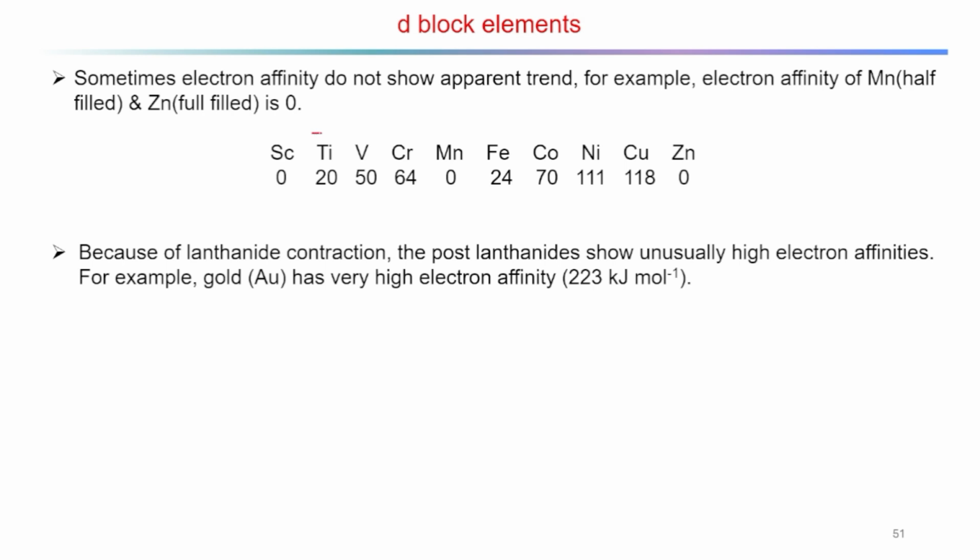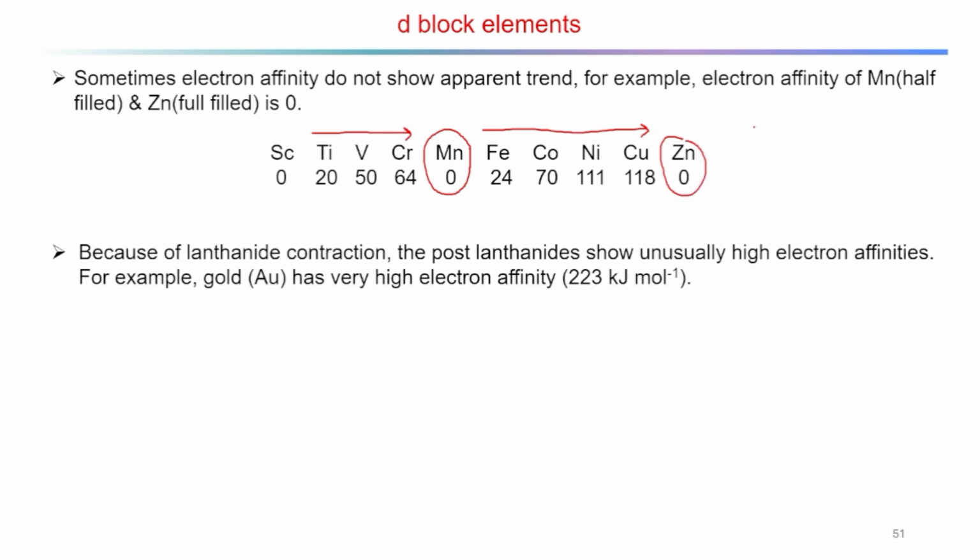So from here to here, the electron affinity should increase. And we can see in the case of titanium, vanadium and chromium, the electron affinity is indeed increasing. But in case of manganese, the electron affinity comes to 0. And from here to here, again the electron affinity is increasing. But again in case of zinc, the electron affinity is 0.